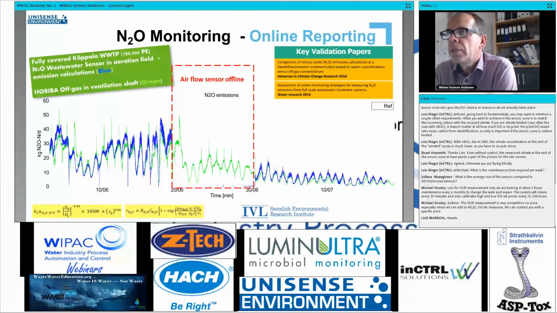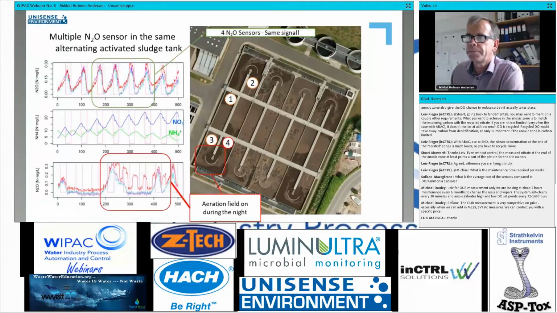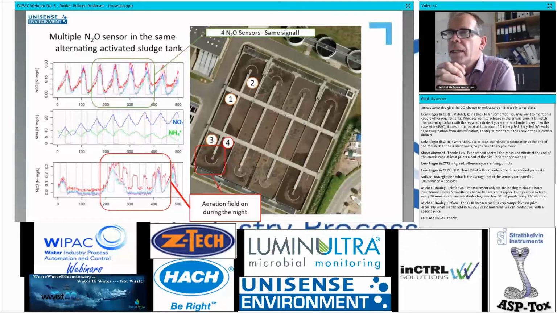So how many sensors to apply to actually know what is going on? Well, this is a fully mixed raceway, where we have had 4 sensors in the same raceway, an activated sludge plant running an alternating system. So unlike some of the examples you've seen before, where you have swing zones, here it's actually easier to control whether we have a longer or shorter aeration time or denitrification time by switching on and off the air in the full tank, a common process here in Denmark.